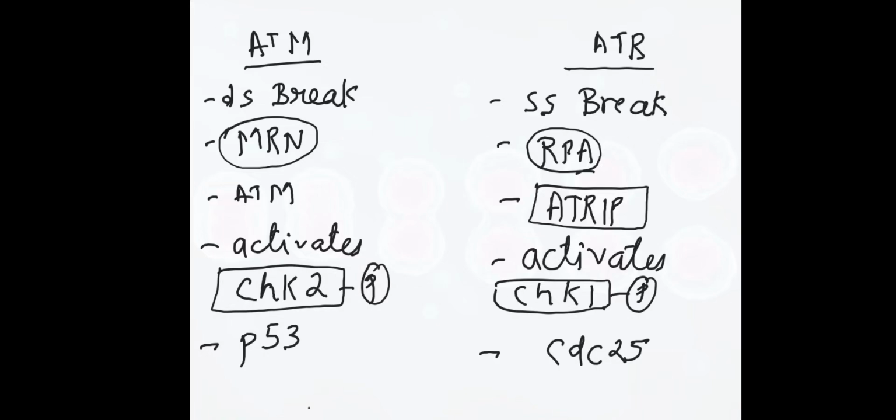It depends on the situation, and on the depth or frequency of the DNA damage. So this was about the DNA damage response repair pathway, that is, the ATR pathway and ATM pathway.